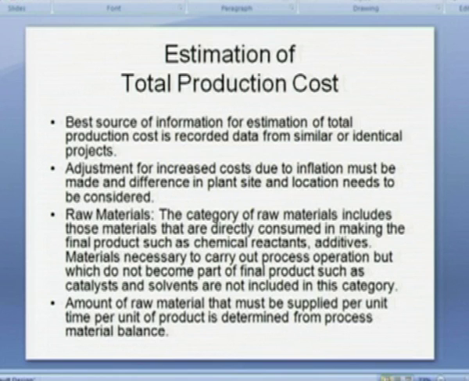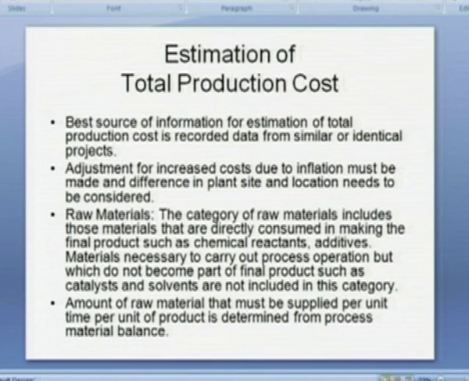The category of raw material includes those materials that are directly consumed while making final products, such as the chemical reactants, additives, and so forth. Materials necessary to carry out a process operation, but which do not become part of the final product, such as catalyst and solvents, are not included in this category. So, raw material does not include the catalyst and solvent price, remember.